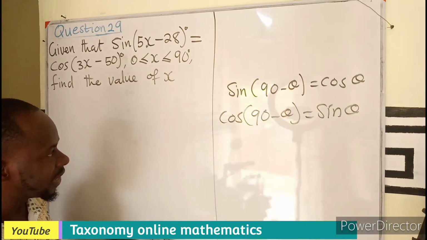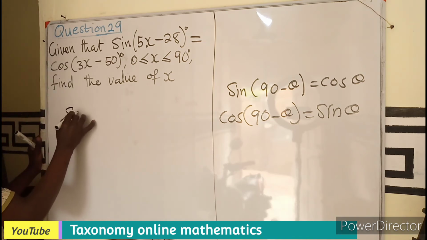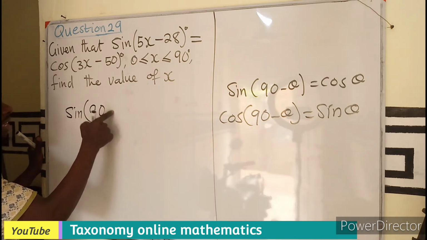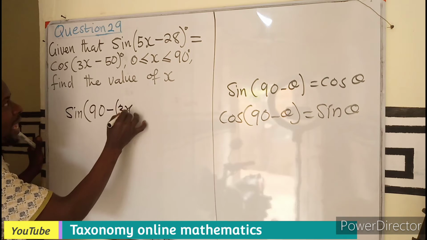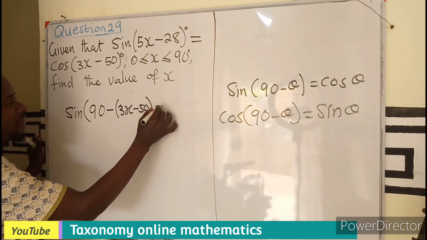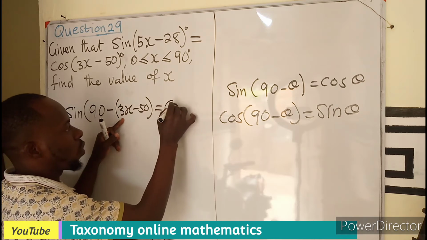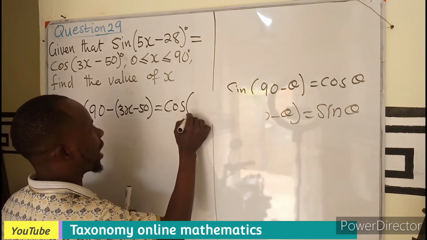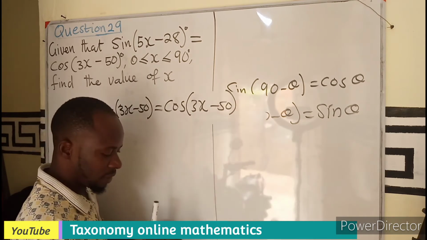So if I want to say, let's say, sine of 90 minus theta, in this case our theta is going to be 3x minus 50, is equal to cos of that theta, which will be our 3x minus 50.